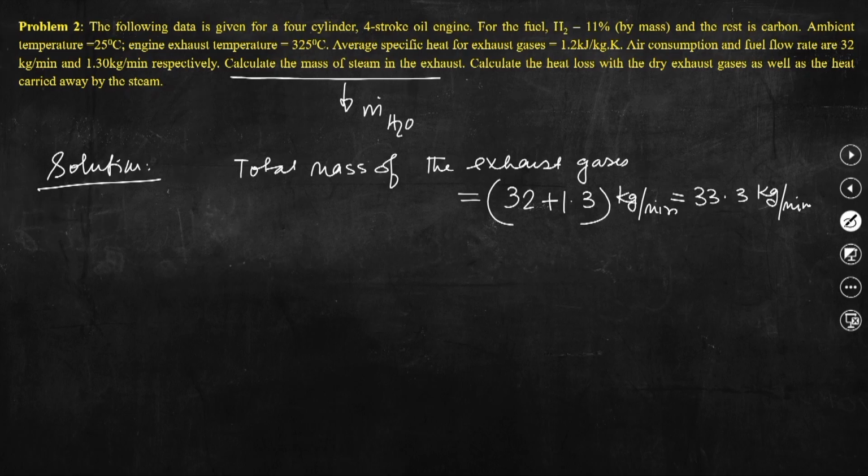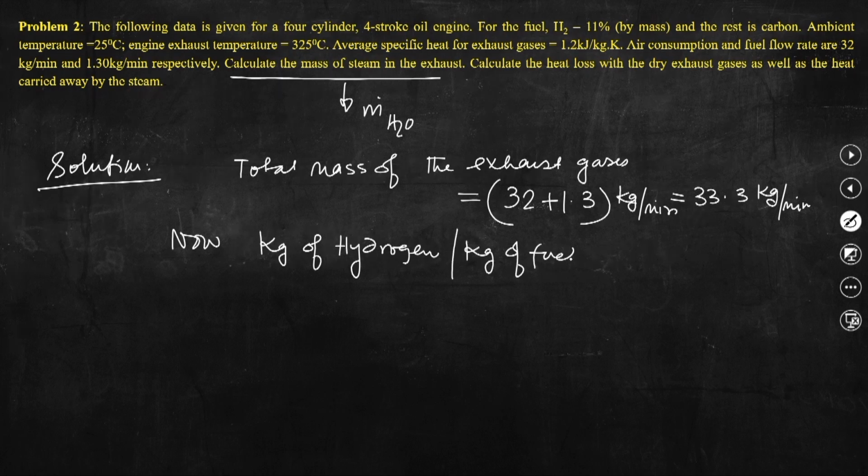Now, we have to calculate kg of hydrogen per kg of fuel, which we can estimate because it is given as 11% by mass.